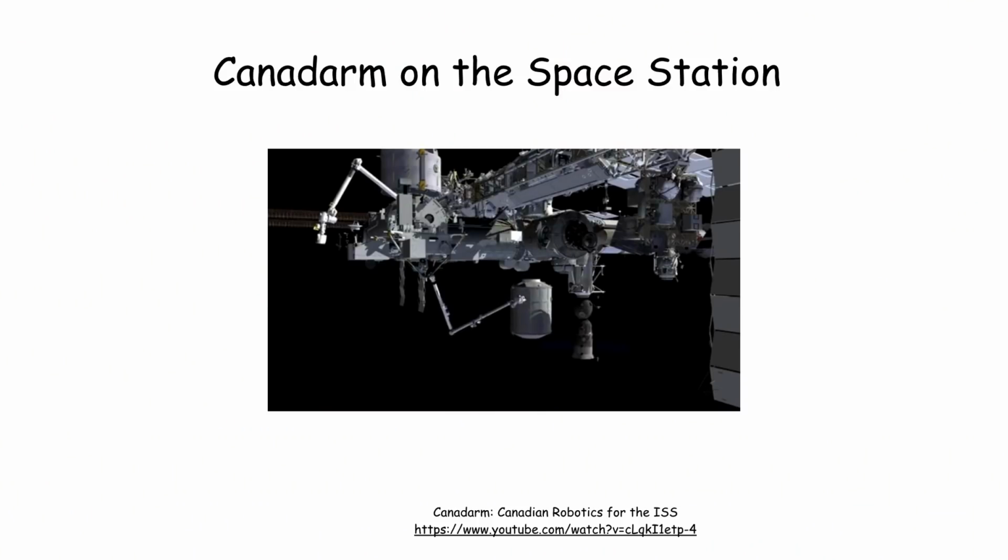In case you think it's too abstract, here's a little demo that I picked up from the web. This is the Canada arm from the space station. It's a robot arm, rigid links with rotatable joints, and it's performing very important tasks up there.